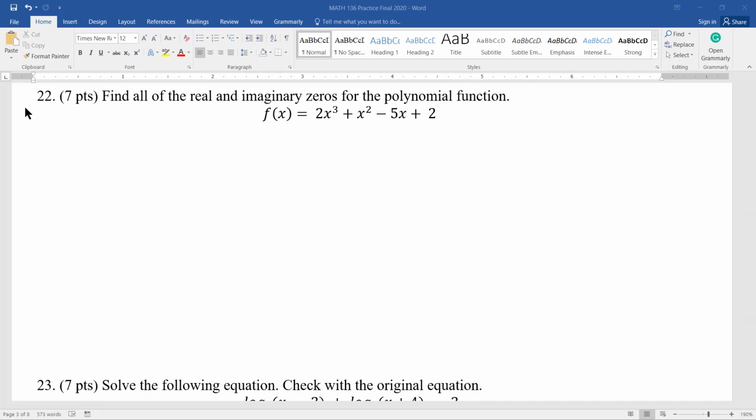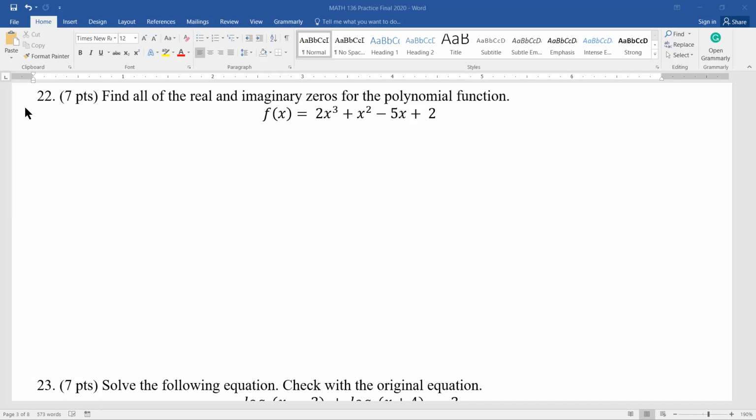Conveniently, I got a remainder of 0. That tells us that our new equation is 2x squared plus 3x minus 2. There is no remainder, so I don't have to write anything there. Then I'm going to see if I can factor it, using my asterisks. 2 in the top left, 2 in the top right, 3 in the bottom middle, -4 in the top middle because you're taking 2 times -2.